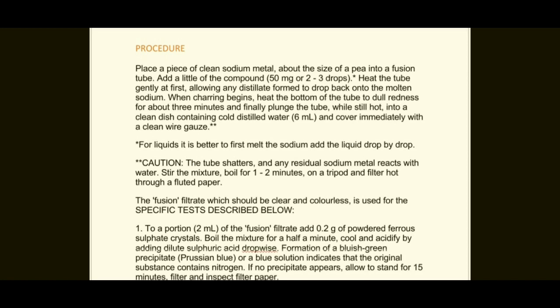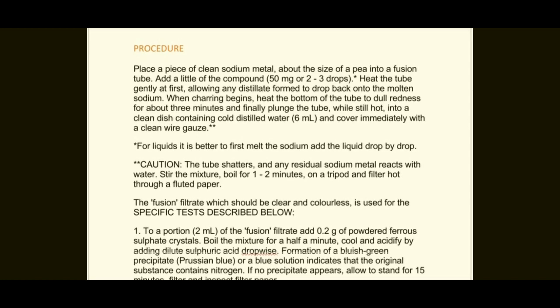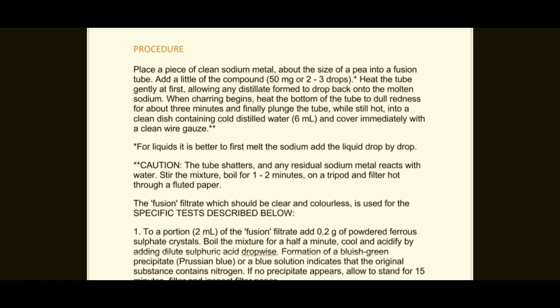When the charring begins, heat the bottom of the tube to dull redness for about 3 minutes and finally plunge the tube, while still hot, into a clean dish containing 6 milliliters of cold distilled water and cover immediately with a clean wire gauze.